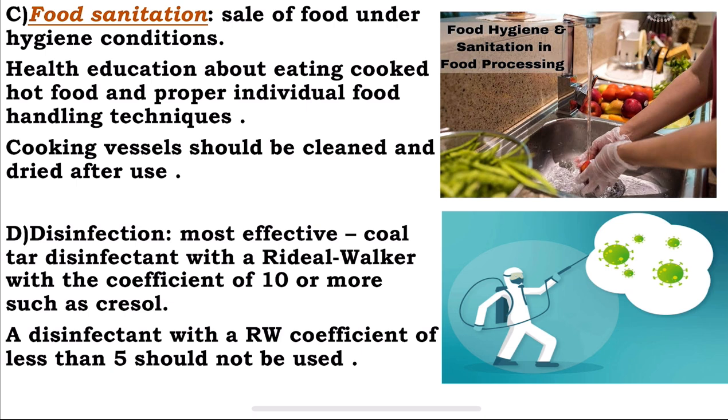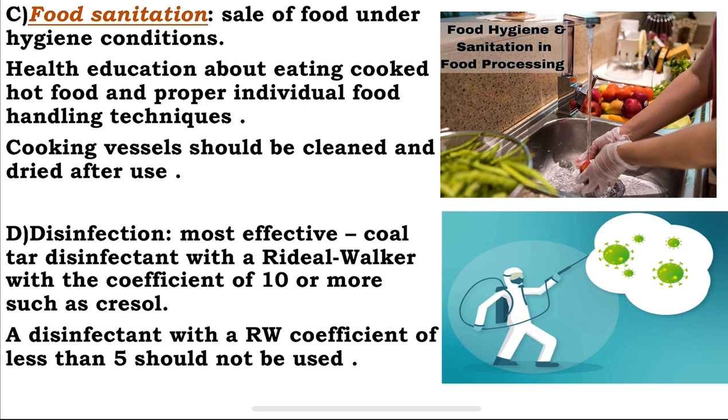So the patient should be told that they need to quit eating stale food, okay? And they have to eat properly cooked hot food, and follow food handling techniques, such as proper washing of fruits and vegetables before consumption, and the cooking vessels should be cleaned and dried after each use. Then comes the disinfection. The most effective is a coal tar disinfectant with a Rideal-Walker coefficient of 10 or more, such as Cresol.